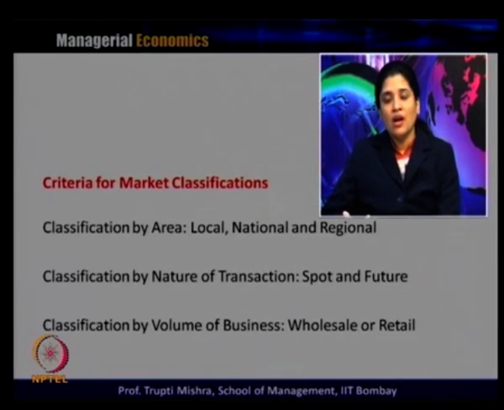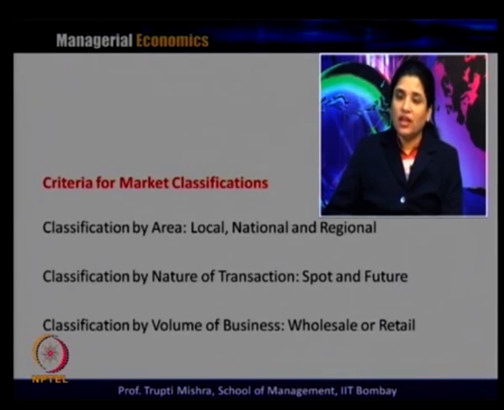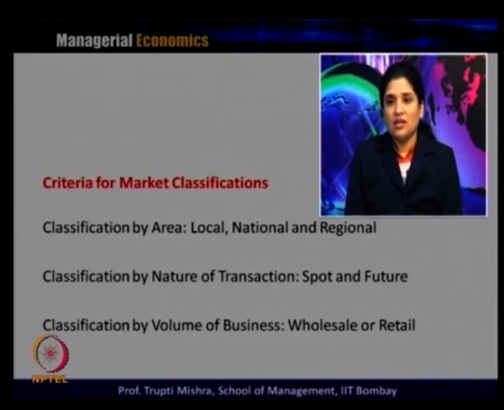National market is at a national level, regional market at a regional level. Or we can classify the market by the nature of transaction, spot and future. Spot market is one where the transaction takes place immediately, and in a future market the transaction takes place for a later point of time.